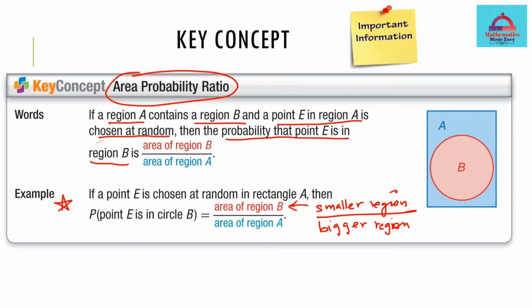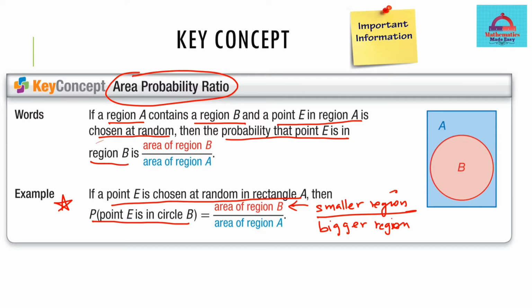And as an example, if point E is chosen at random in the rectangle A here, the blue rectangle, the bigger region, then the probability that the point is going to be inside the circle B, or the smaller region, is going to be this ratio. So just remember, whenever you are taking out this area probability ratio, you will have the smaller region on the top and you are dividing it by the bigger region.